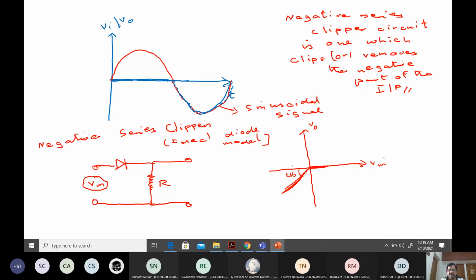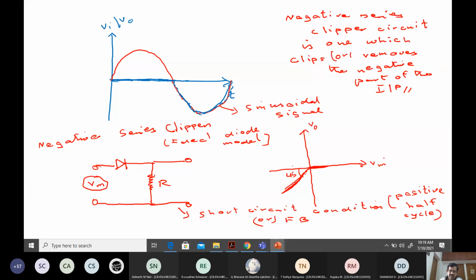So negative series clipper, short circuit condition under forward bias, which is the positive half cycle. Again we are considering the ideal diode model, forward bias condition, positive cycle.